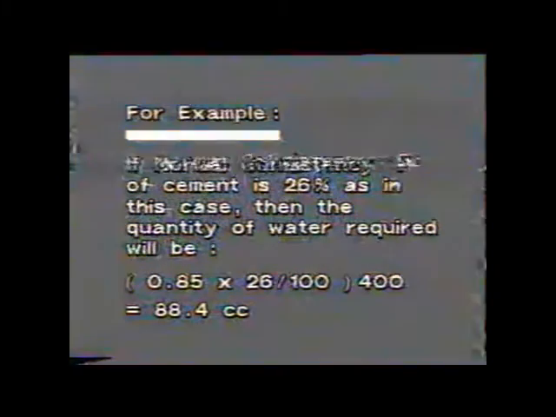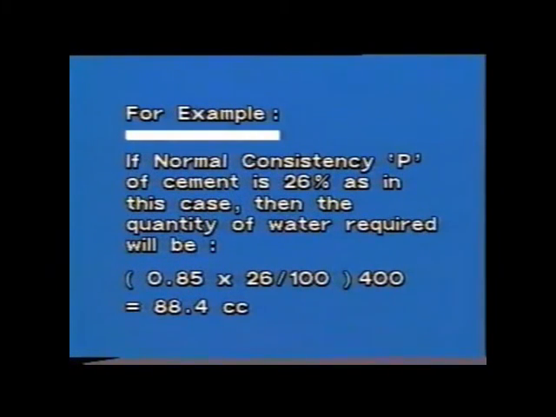For example, if normal consistency P of cement is 26%, as in this case, then the quantity of water required will be 0.85 multiplied by 26 divided by 100 multiplied by 400, which is equal to 88.4 cc.